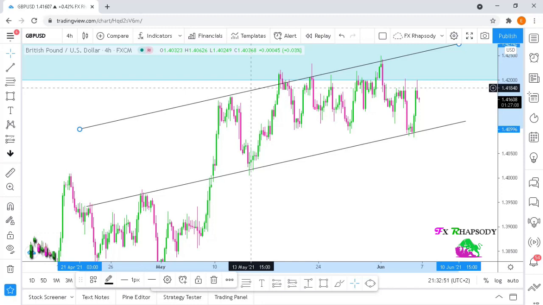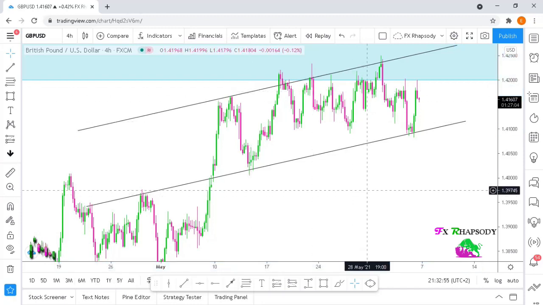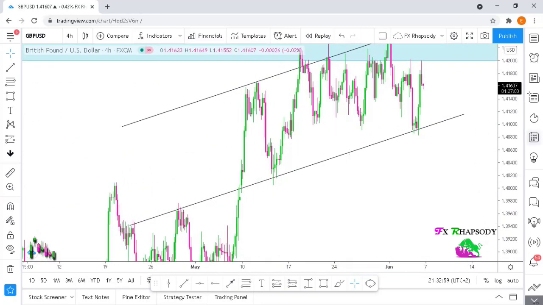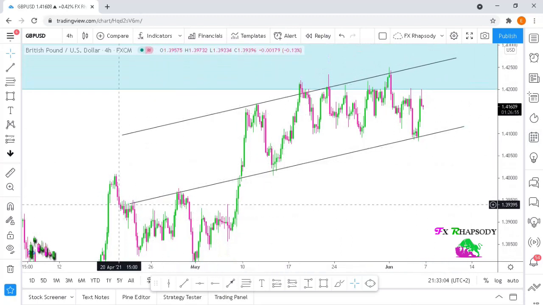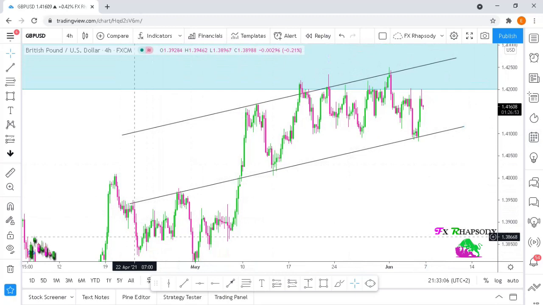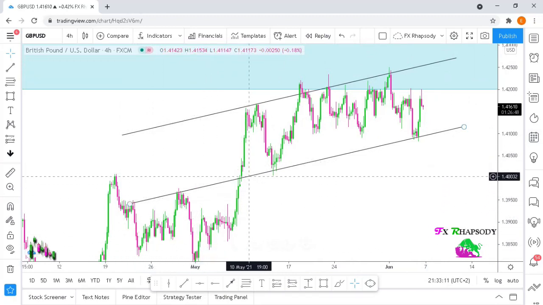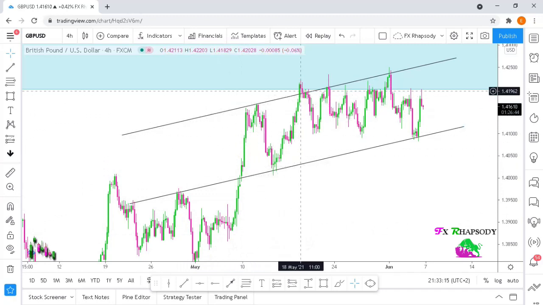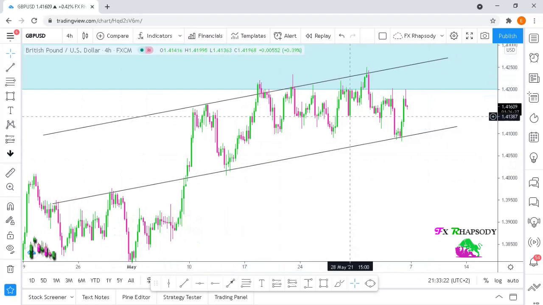Just wanted to move it down a little bit to get it perfect. Okay, so on a 4 hourly basis, we can see how the pound has been respecting these two trend lines. So basically, it's been bouncing off it, bouncing off it. It broke this trend line, came back to almost retest it, shot up. And then you can see there's a little bit of a false breakout, but it's been trying to get out of this zone, also a bullish zone.